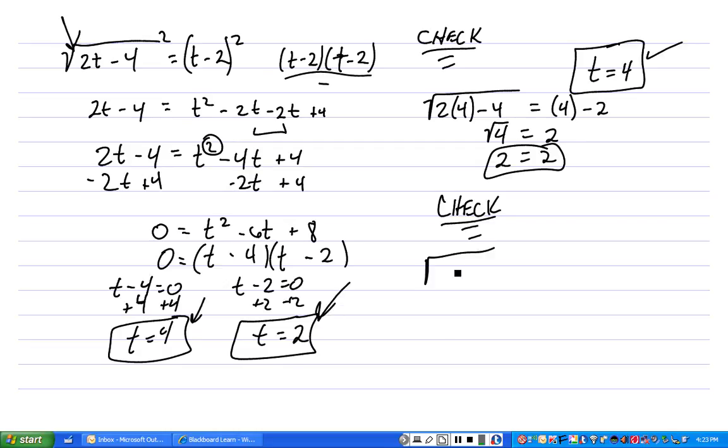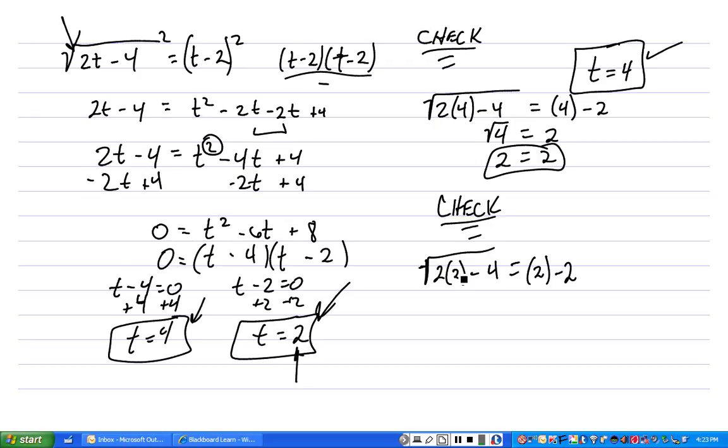So I make my square root of 2t minus 4 equals t minus 2. That's my initial equation. Alright, plugging in 2 for t now.